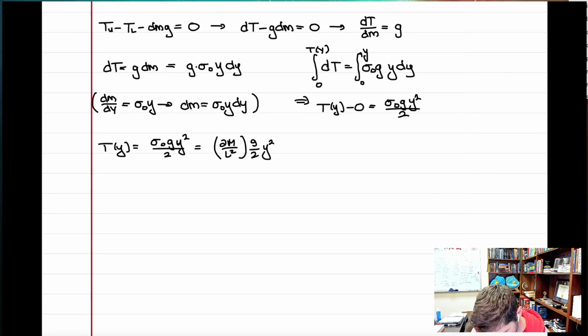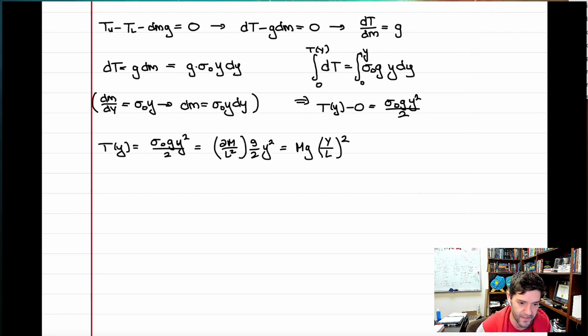So I could write in 2M over L squared for sigma, then there's a g, a 2, and a y squared. So notice the 2's cancel, and this looks like it's big M times g, and then I could bring the little y and the big L together and say that it's M g times the quantity y over L, squared, at some arbitrary location y.